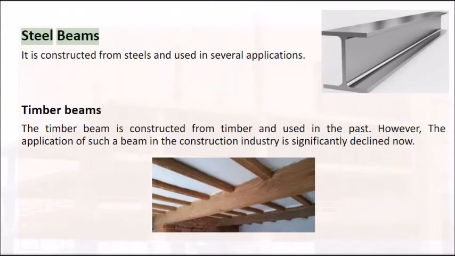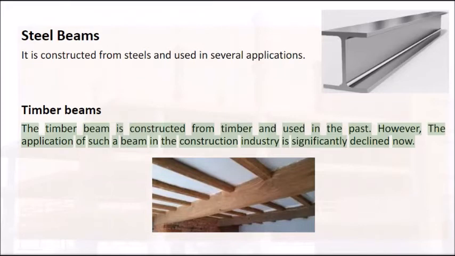Steel beams. It is constructed from steel and used in several applications. Timber beams. The timber beam is constructed from timber and was used in the past. However, the application of such a beam in the construction industry has significantly declined now.